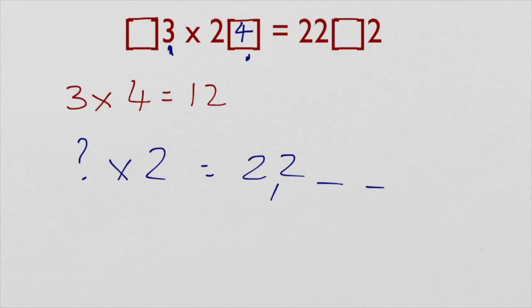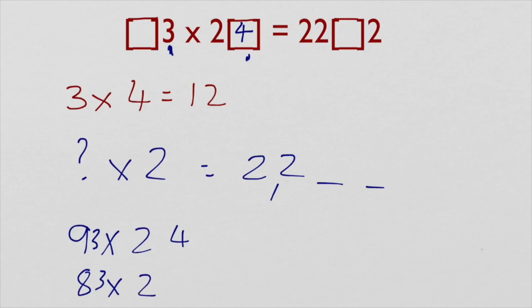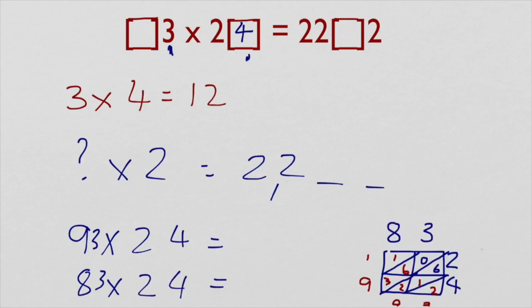So in that case, let's start with the bigger numbers like 9 or 8 and see which answer is closest. Okay, so I'll start working out 83 times 24, and here's one I've done earlier, and I calculated that that equals 1992.